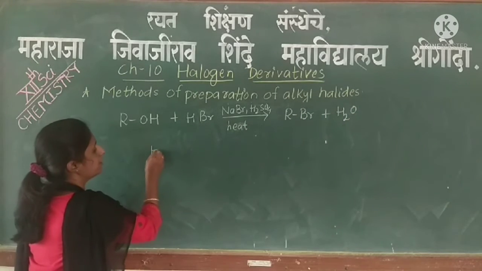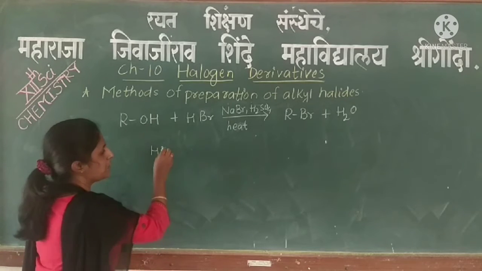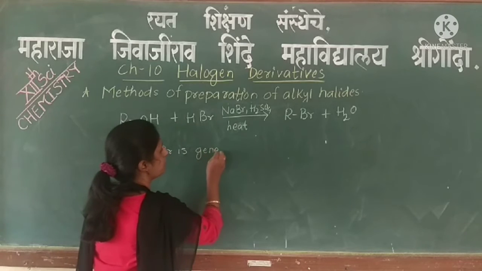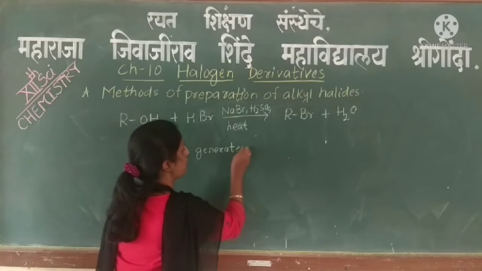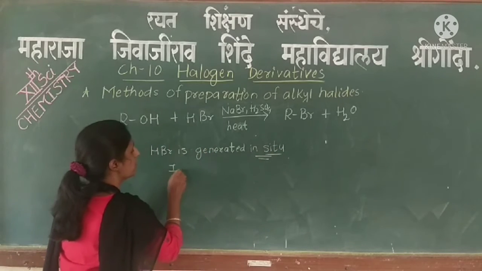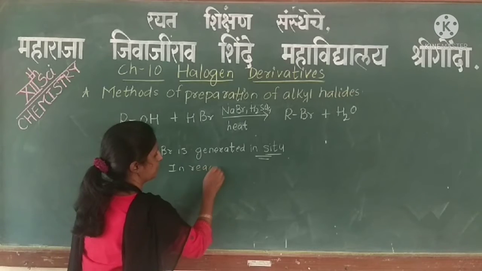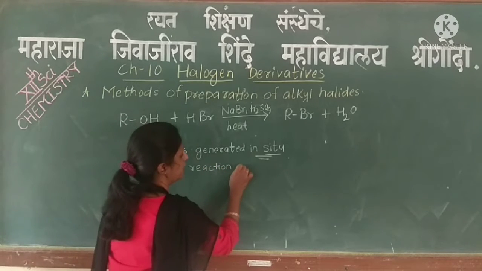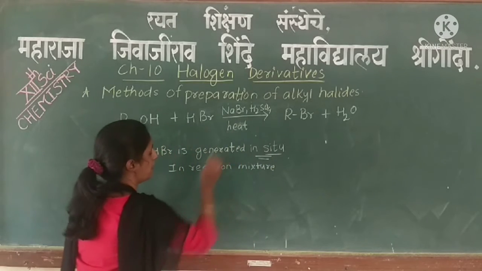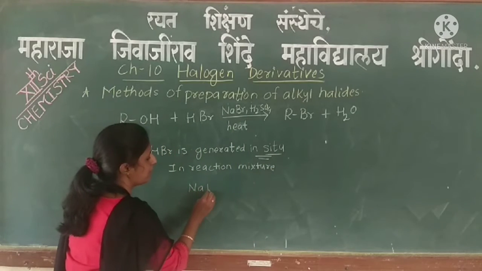Here HBr is generated in situ. What do you mean by in situ? In situ means in the reaction mixture itself. If you mix NaBr and H2SO4, let's see the reaction.